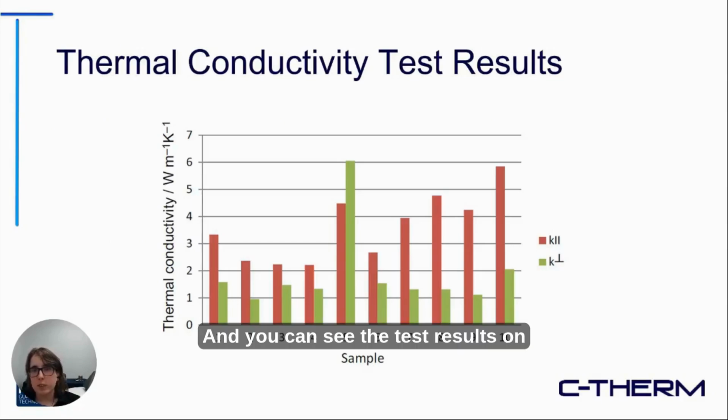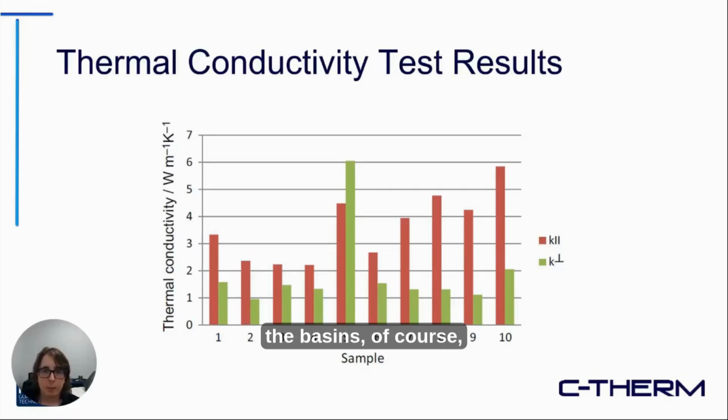And you can see the test results on this plot here. In this case, the basins, of course, most sedimentary rocks are laid down in successive layers. And because of this kind of layered structure, they inherently have anisotropy in their chemical and physical structure. And because of that anisotropy in their structure, they often have anisotropy in their thermal properties.